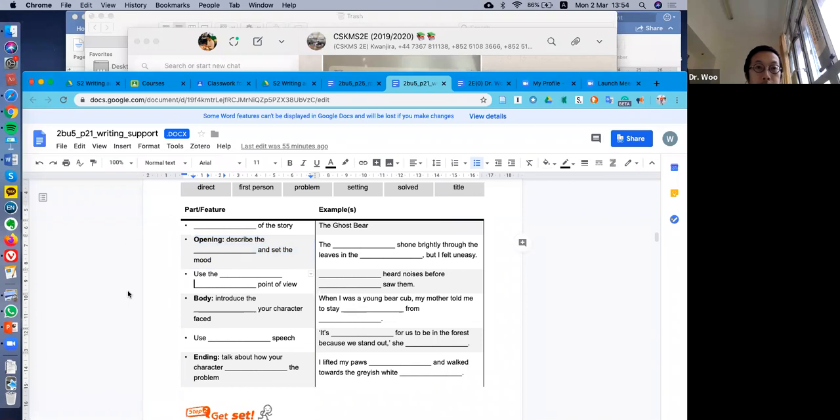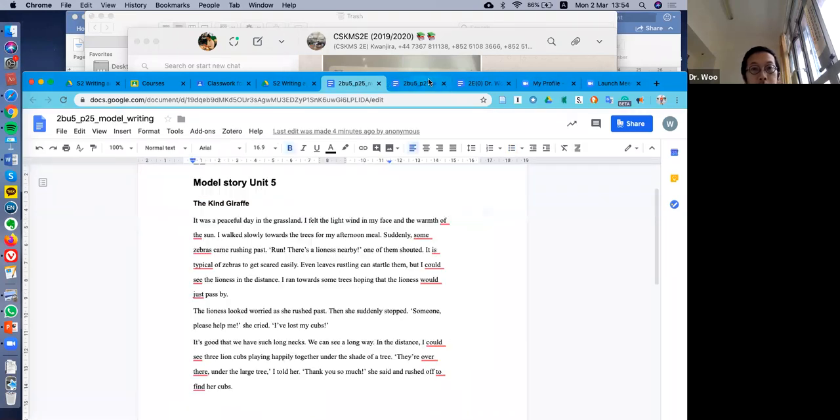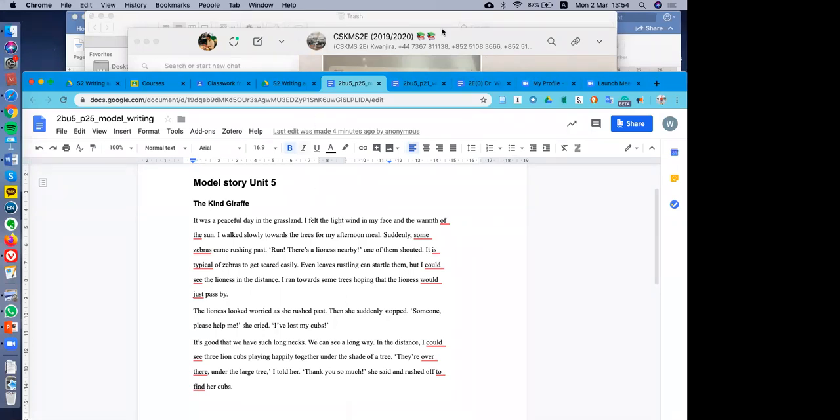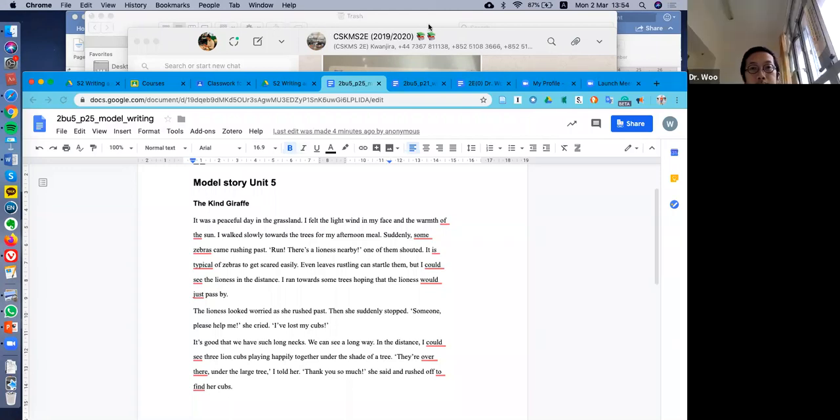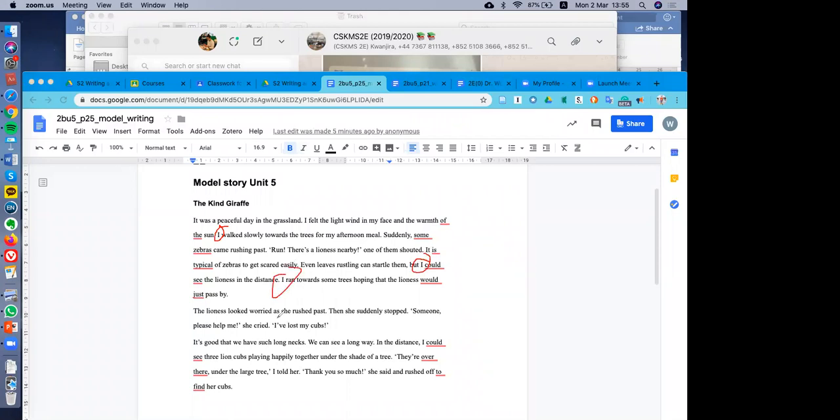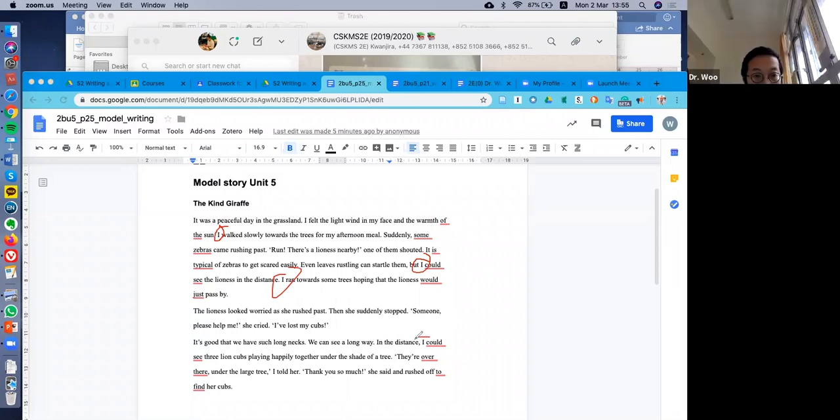Okay, so let's continue. So we've already assessed that we have to use the first person. We're going to write a lot of sentences using I. And in the model writing, you can see the use of I sentences. See, I, I. So there are many I sentences.